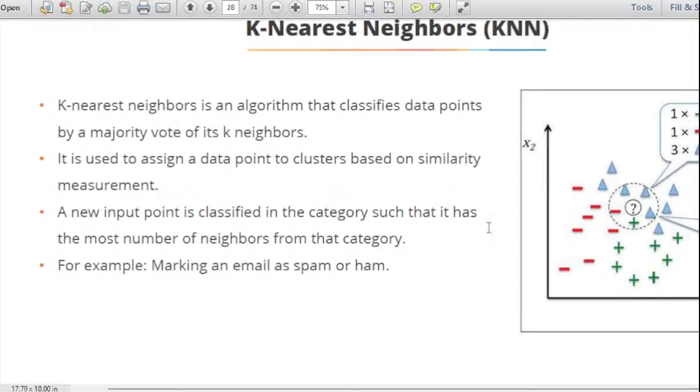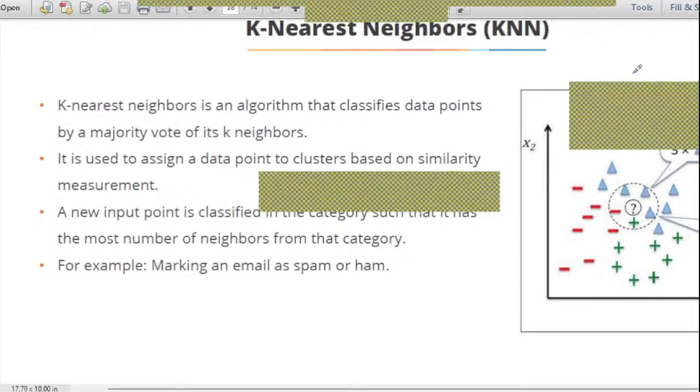Now, who are the 5 nearest points to my new point? That is defined by Euclidean distance. Anyone remember the Euclidean distance formula from high school?